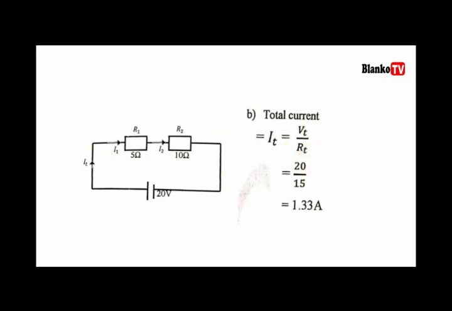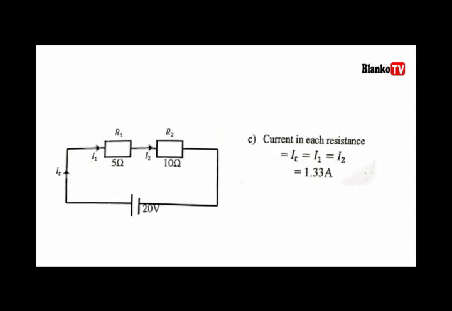We have our VT, which is 20, and we just calculated our RT, the total resistance, which is 15. When you divide 20 by 15, you get 1.33 amps. So our IT, or the total current, is 1.33 amps. Let's move on to the next solution.